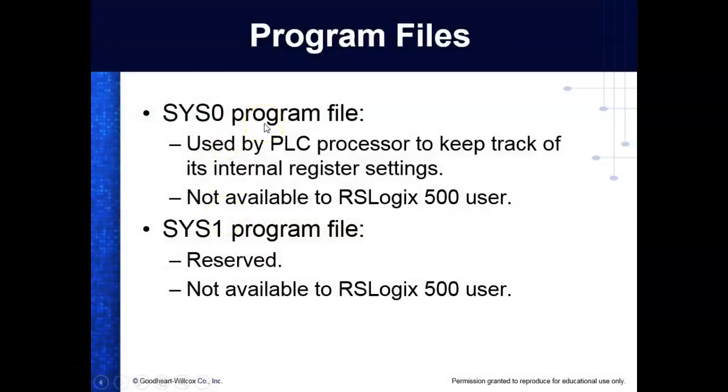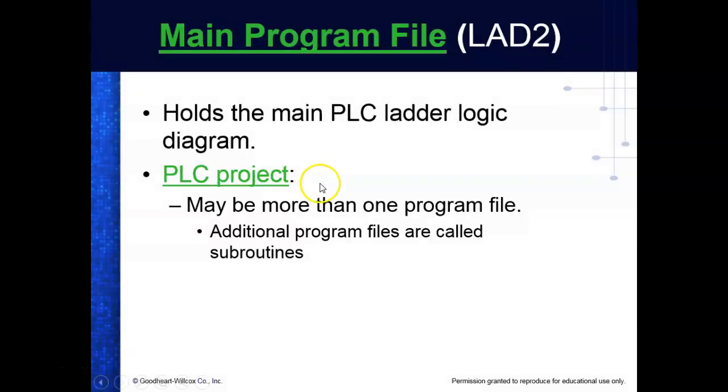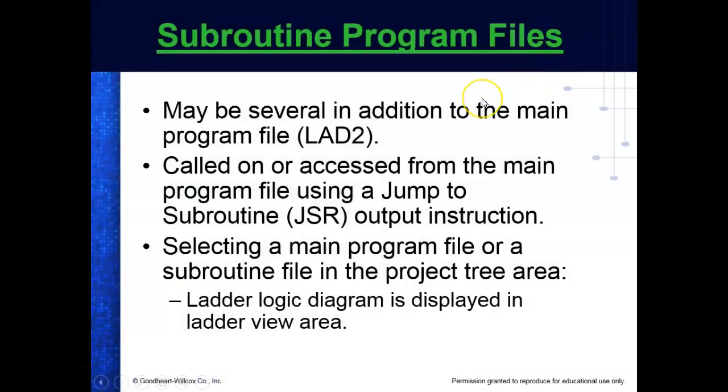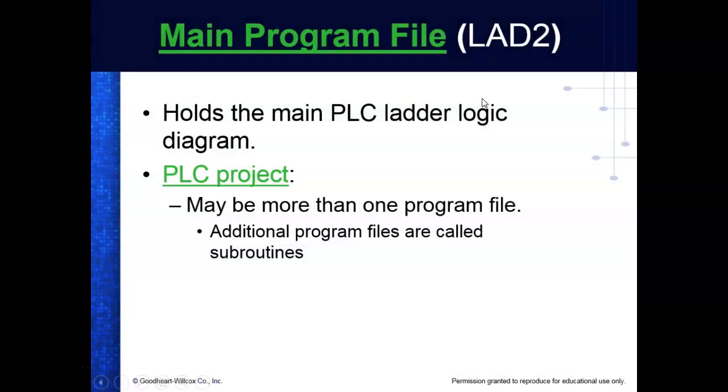The two system files, you can't do anything with those. It surprised me that they even display them. Then ladder 2 holds your main program. Now you can rename it, but it's still called ladder 2 in the project tree. What's going to change is down there on your tab.